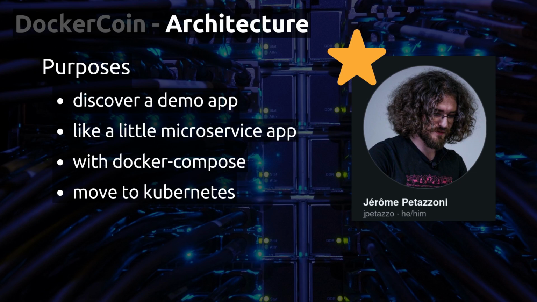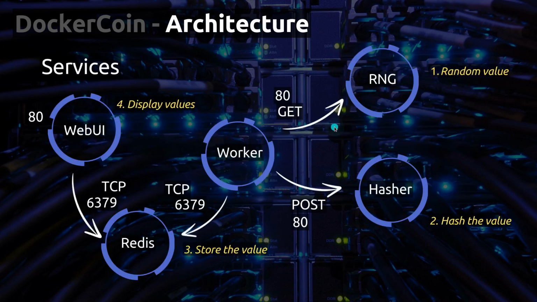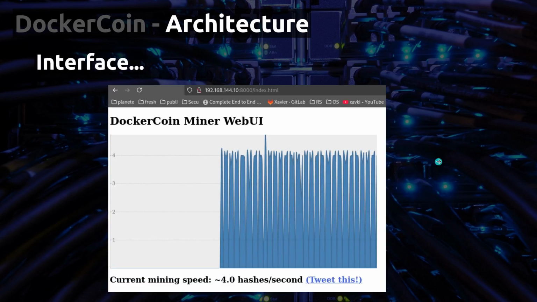And now Jerome works for Enix. Enix is not a big company, but big by its level, providing learning and support about Kubernetes and Docker also, and maybe with Proxmox too. So very big thanks to Jerome Petazzoni, and let's go now.